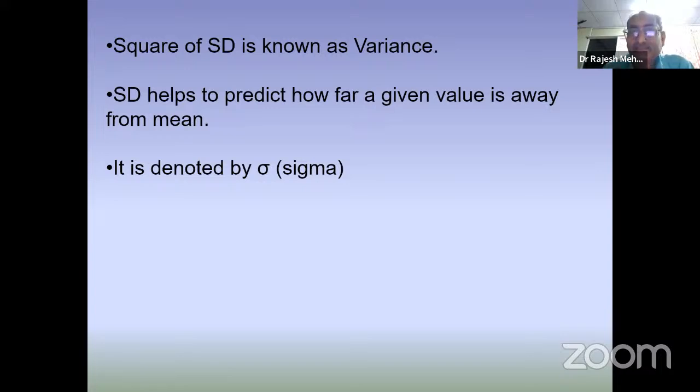When I want to talk about Ahmedabad based on the sample, if I take a large sample, my error will be less. If I take a small sample, the error will be more. In the same way, if my standard deviation is much higher, the sampling error will also be more.